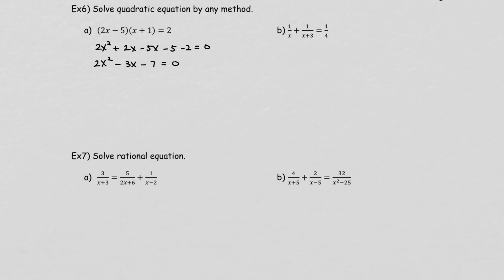quadratic formula. Then I will have minus b. And if you keep using them often, you will just memorize the formulas. Minus b plus minus square root of b squared minus 4ac over 2a.